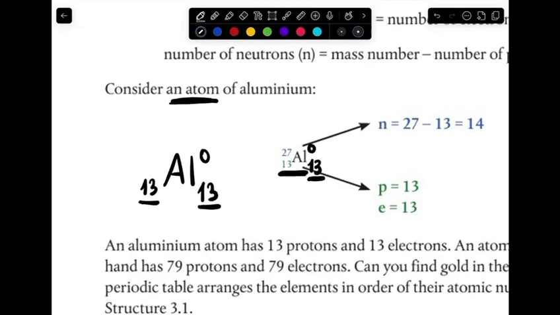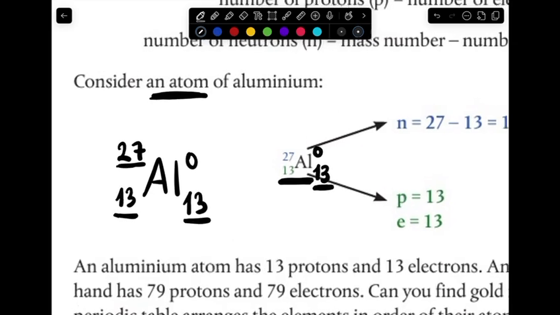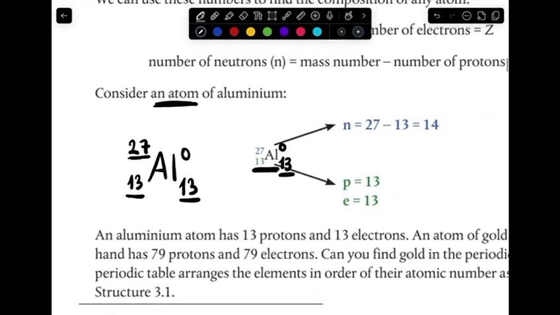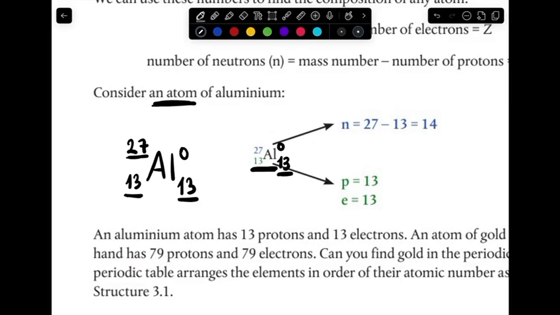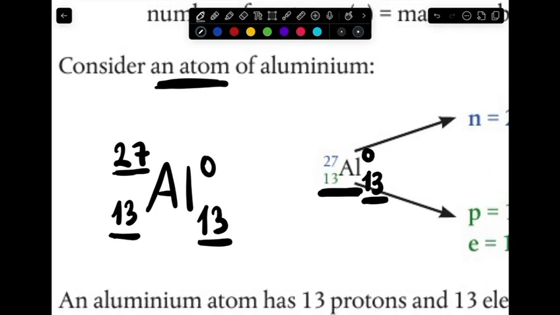The atomic mass will be written right here, which will be 27, on the top left of the atomic symbol. Because almost all the mass of an atom comes from protons and neutrons, the atomic mass can be found by adding the proton number and the neutron number.